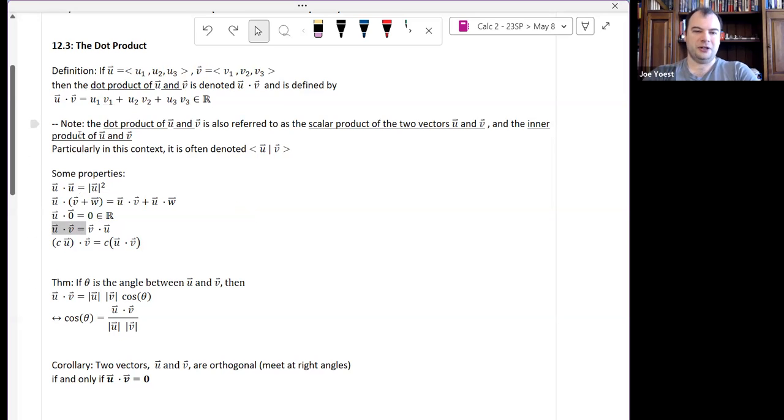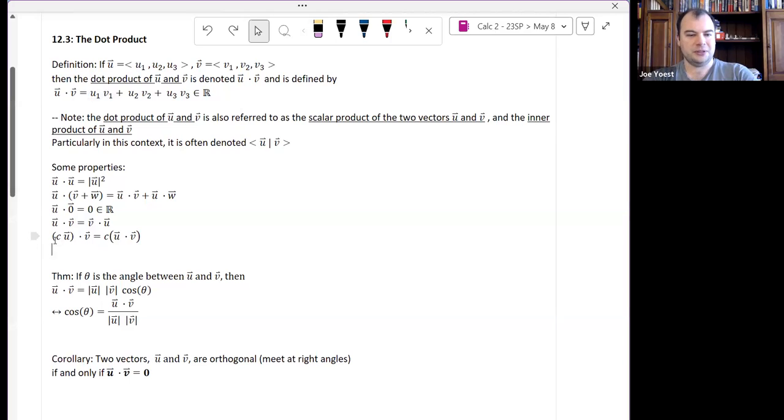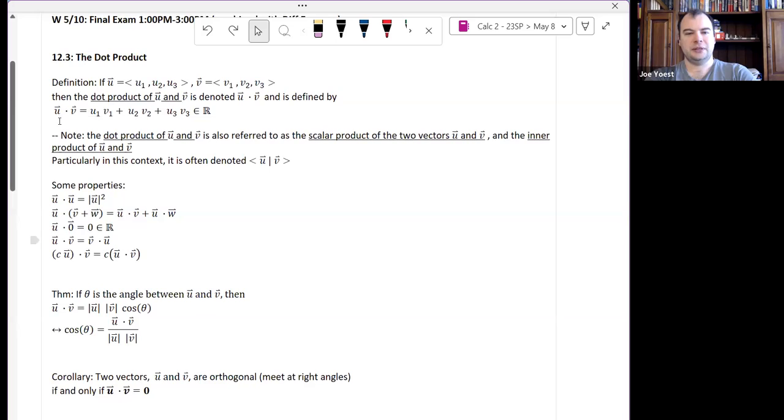The dot product's commutative because of the commutativity of each of these regular multiplications in here. u1 times v1 is the same as v1 times u1. So we can switch all of them, pull them back apart, and see that u dot v is v dot u. And scalar multiplication over dot product is associative. So if I have c times u bar, that's cu1, cu2, cu3.